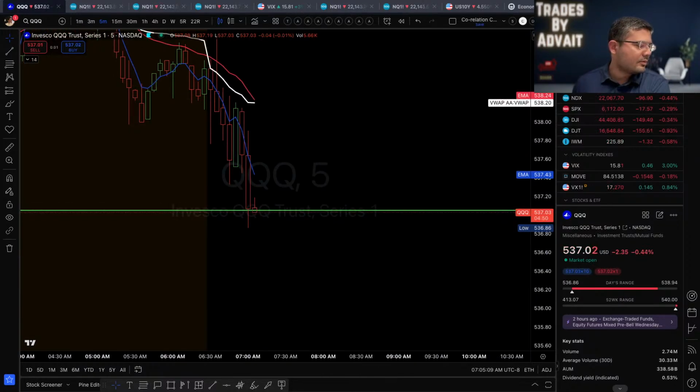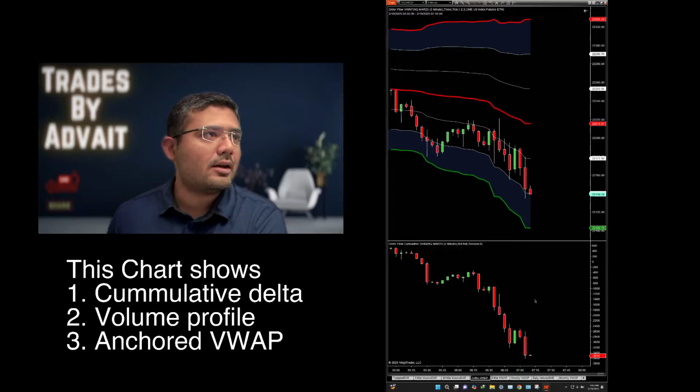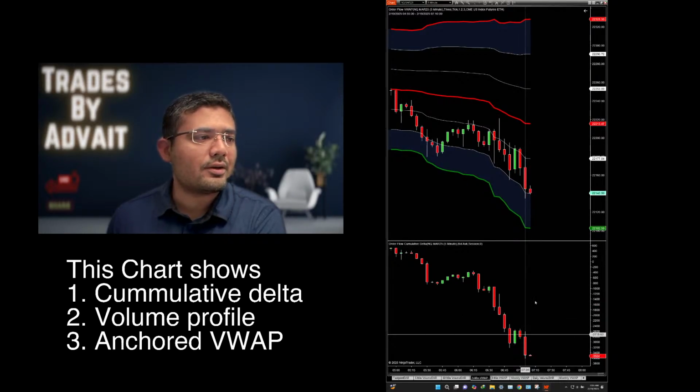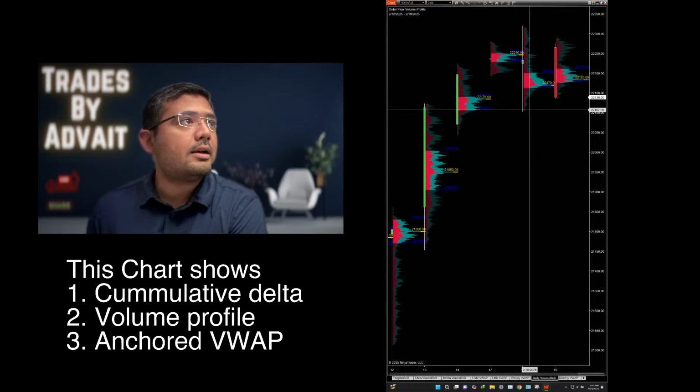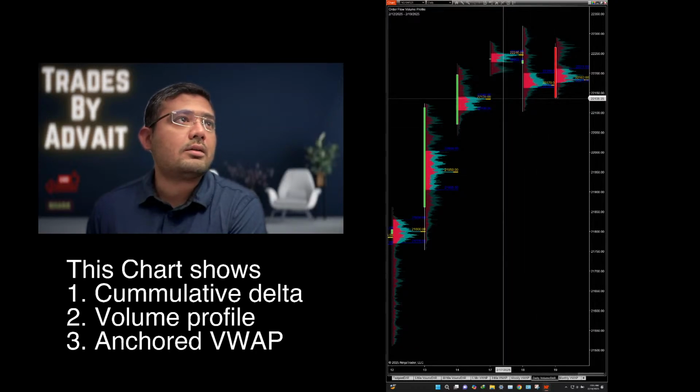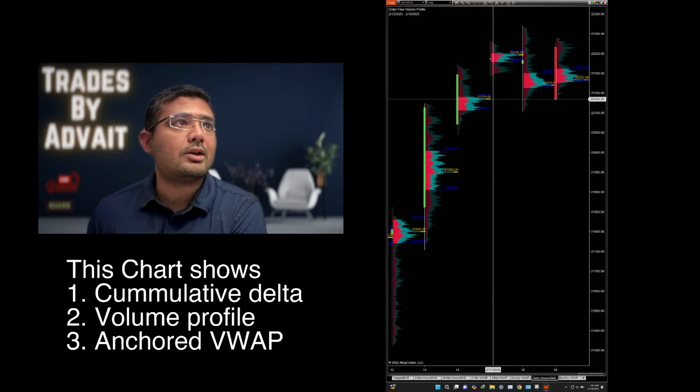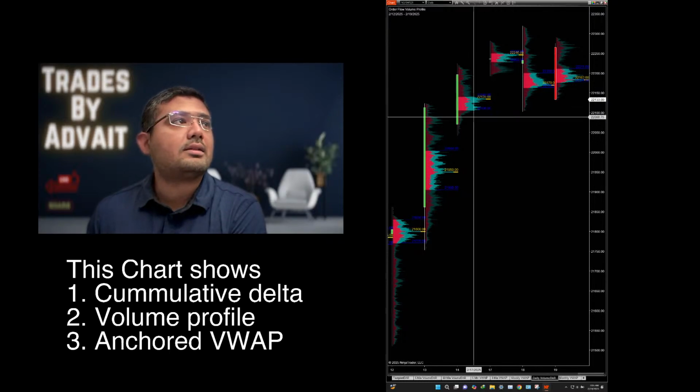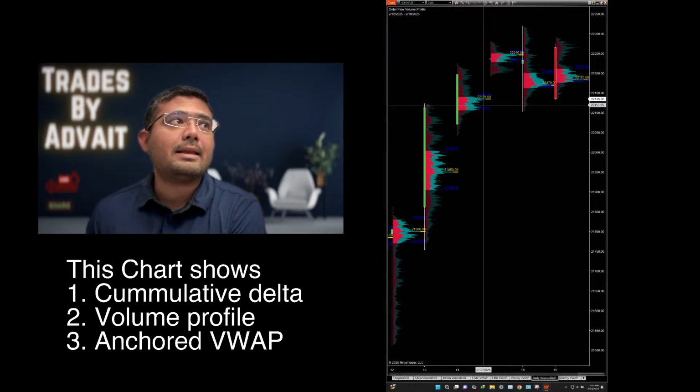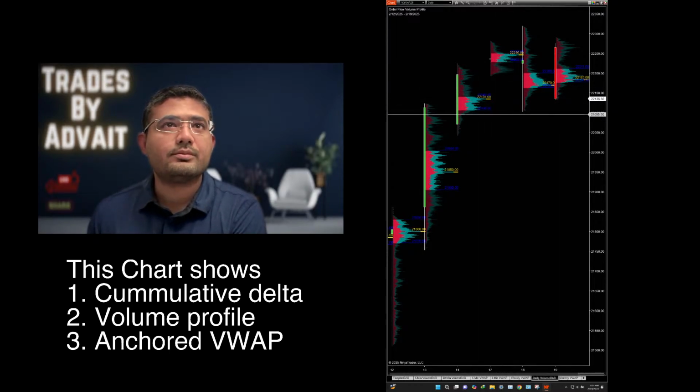And as you can see over here, the delta made a new low, and in the volume bar, we approached 128. That's a big area of volume.